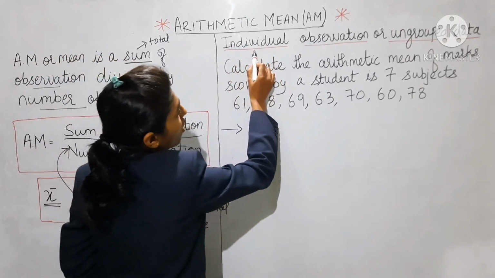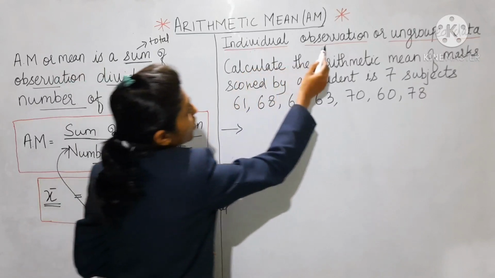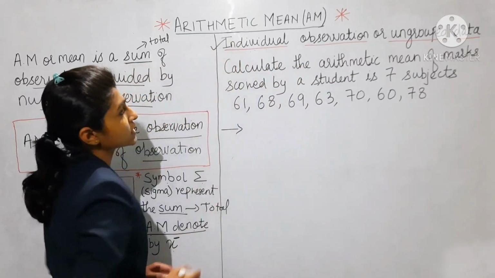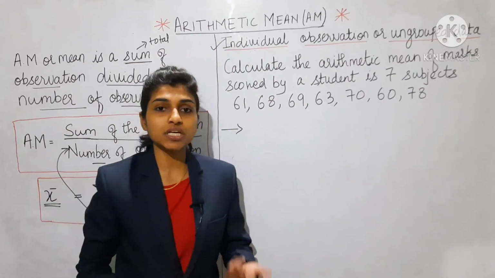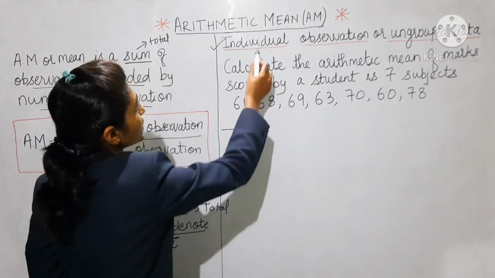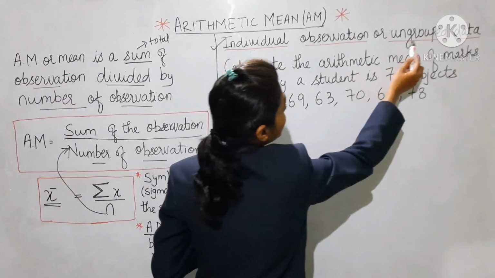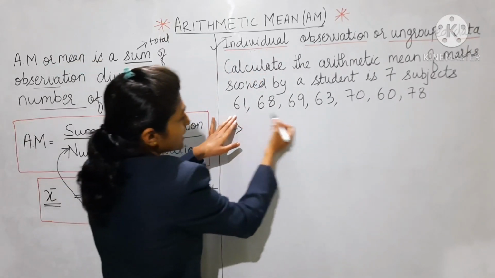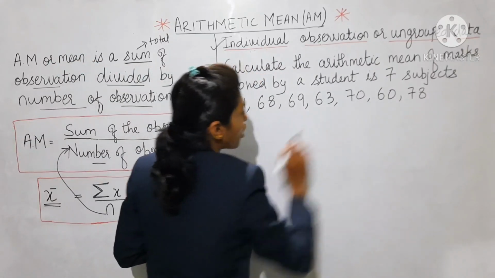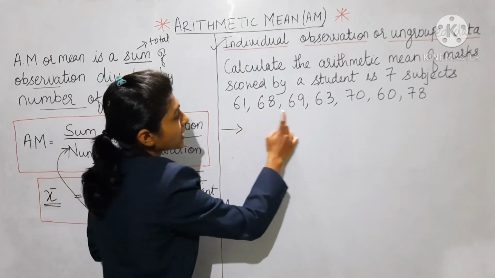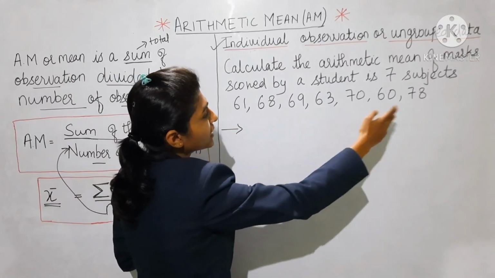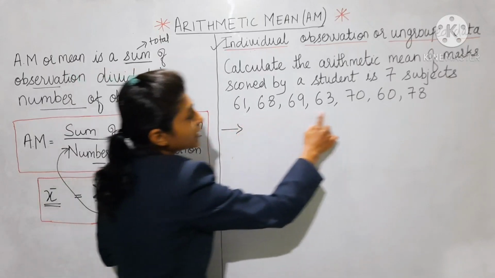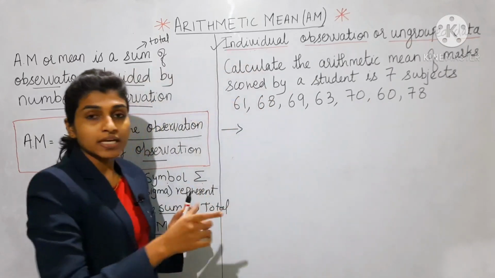Ungrouped data is also called individual observation. You can see in this example: 61, 68, 69, 63, 70, 60, 78. These are individual observations, single numbers.